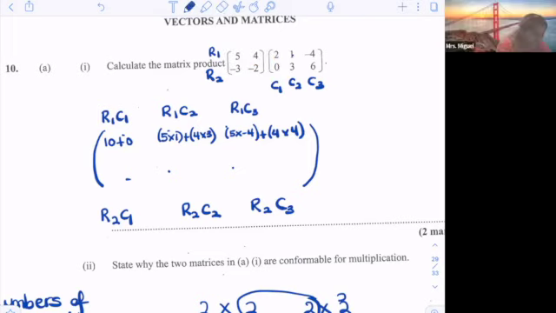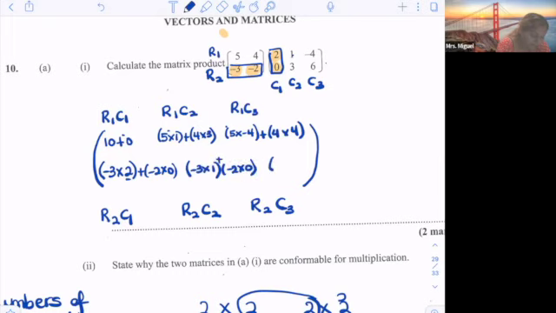So now we're doing the second row, first column. So first element, second element. So minus 3 by 2 plus minus 2 by 0. Right? Then we have minus 3 by 1 and minus 2 by 0.